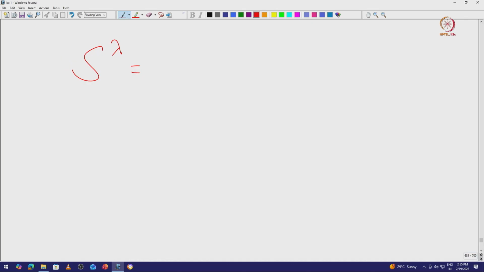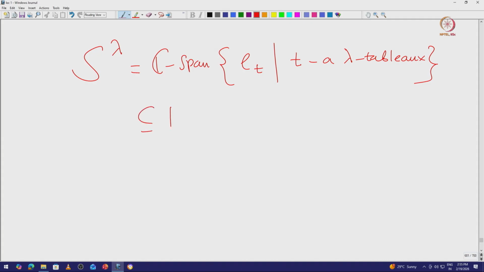So, this is the C-span of all possible E_t, where t is a lambda tableau. We take all possible lambda tableaus, look at the polytabloids that we get from them, and take the span of this. This is a subspace of M^lambda, and this is the space that we are interested in.